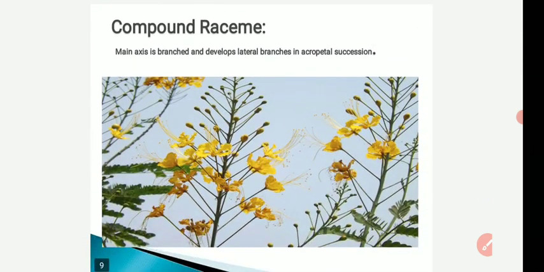Next, that is compound raceme or compound panicle. The main axis, that is peduncle, of this raceme is branched and develops lateral branches in acropetal succession. Acropetal succession, that is older at the base and younger at the apex. The lateral branches bear pedicellate flowers, for example Delonix or Cassia or Caesalpinia. So this is the example of compound raceme.